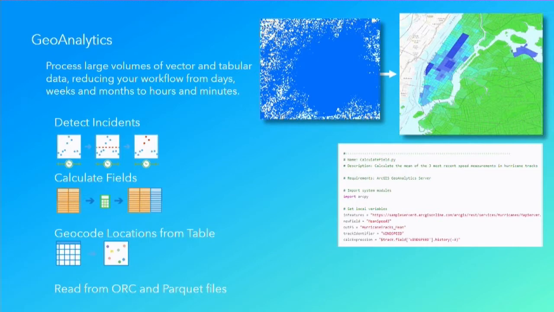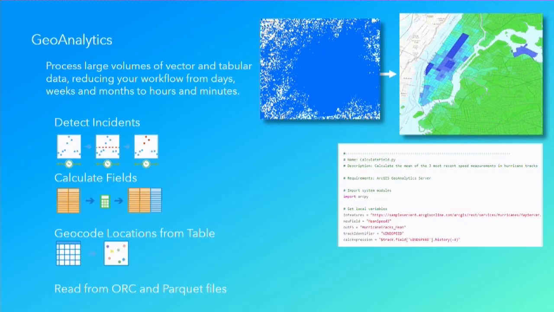So we already have a number of tools that are available in GeoAnalytics right now that were introduced at 10.5. We have about a dozen tools, and we've introduced 3 new ones at 10.6. So Detect Incidents will allow you to set a parameter, a certain condition. And if your data over time and space has that condition met, you'll be able to see those features highlighted in the output.